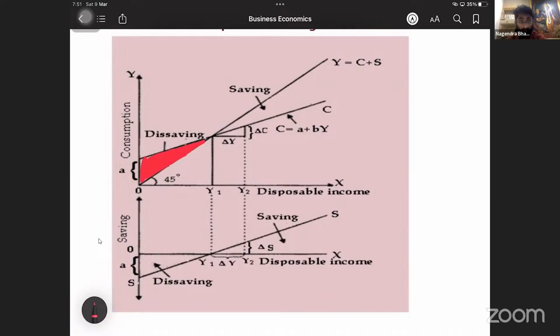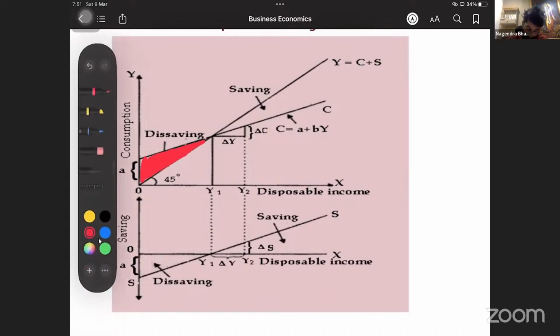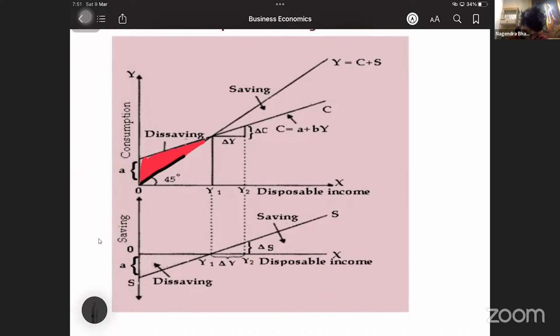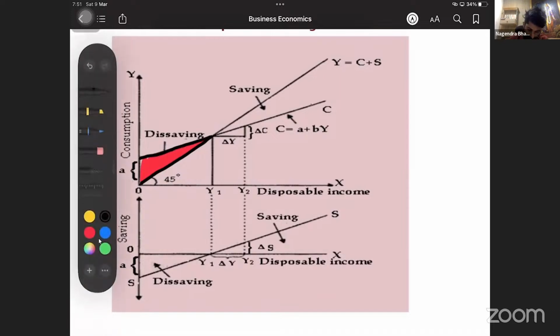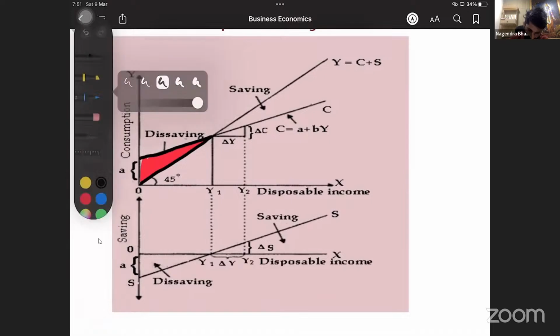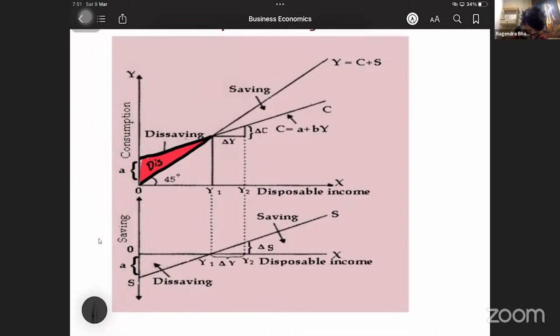Because your income is less, your income is here, but your expenditure is more. That's why there is savings here. This is the savings.